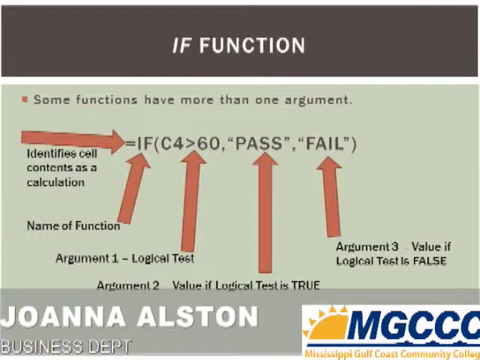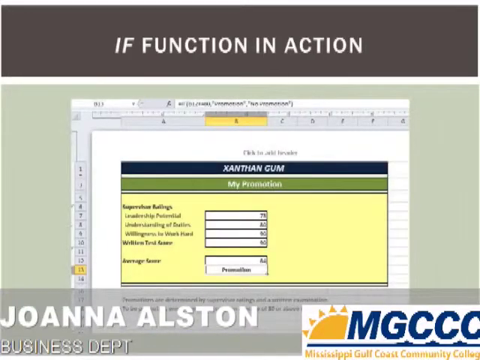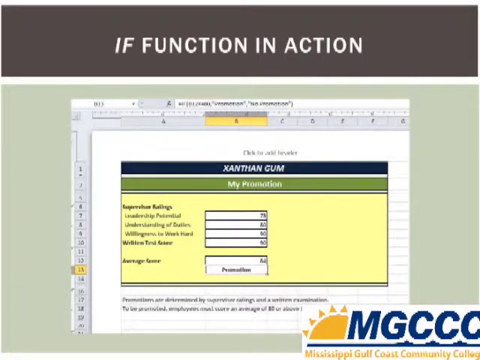All right, let's look at one in action. This is another spreadsheet set up a little different from the ones that we saw earlier, but it's still a spreadsheet. You've got your titles, you've got your headings across this, down the left-hand side over there. We're looking here at Xanthan Gum Company.